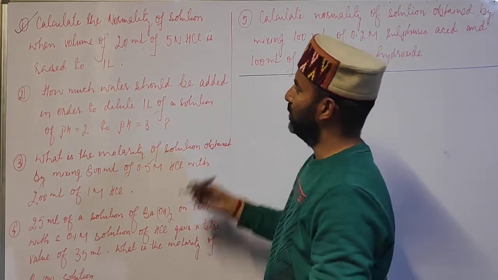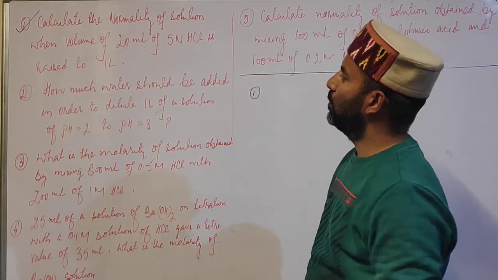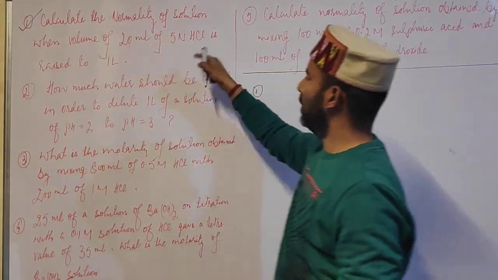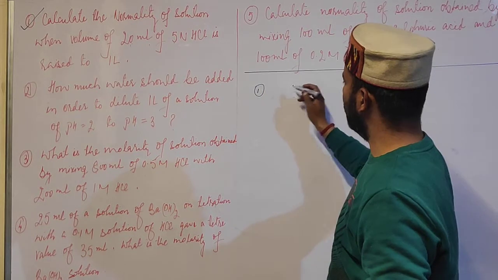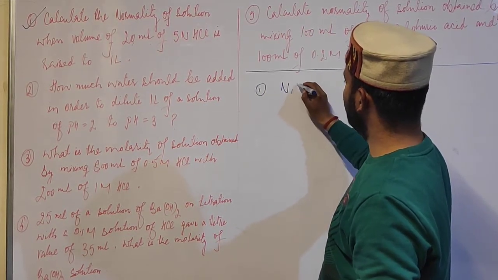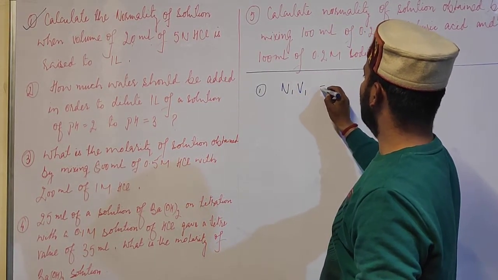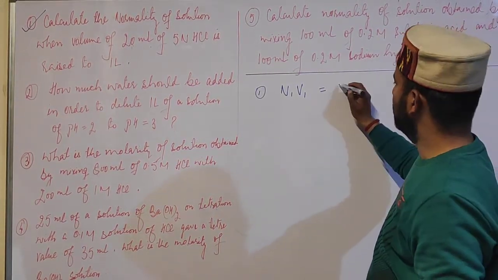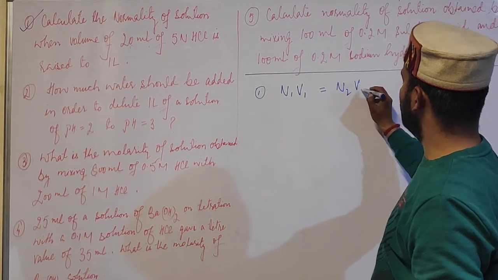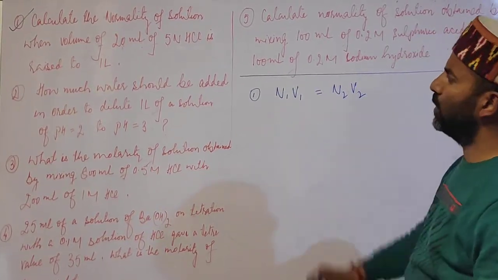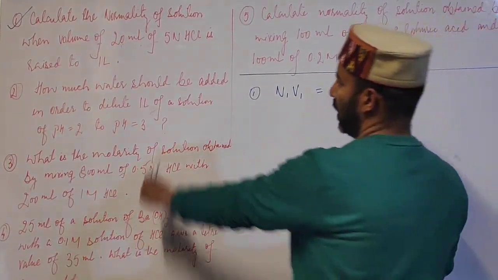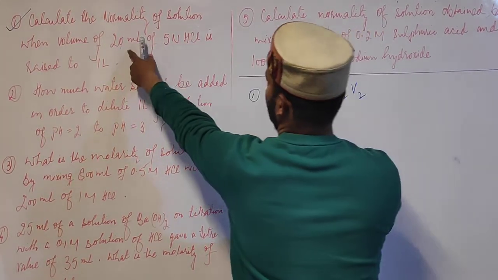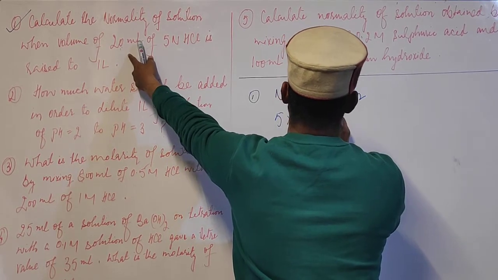So for dilution, since we have to find normality and normality is also given, we use the normality equation. For dilution, the gram equivalents of solute N1V1 remain the same, so N2V2 is equal to N1V1. We have the normality of the initial solution as 5 and volume as 20 milliliter.